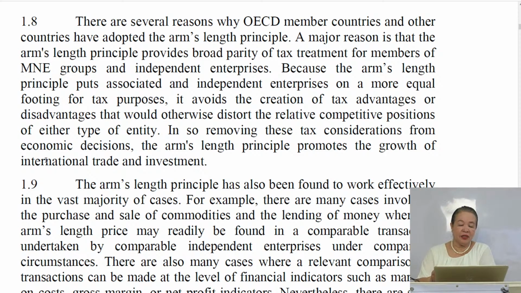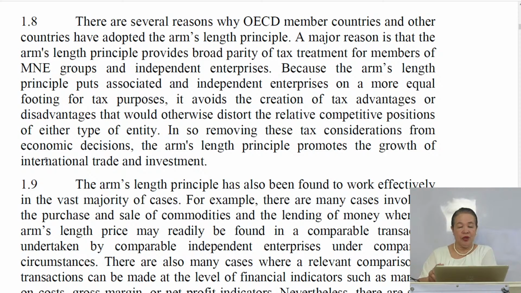It avoids the creation of tax advantages or disadvantages that would otherwise distort the relative competitive positions of either type of entity. Because payment of taxes sometimes also gives a competitive position to a company. You can just imagine a company paying a regular income tax as compared to a company paying a preferential tax rate, or not paying taxes anymore.